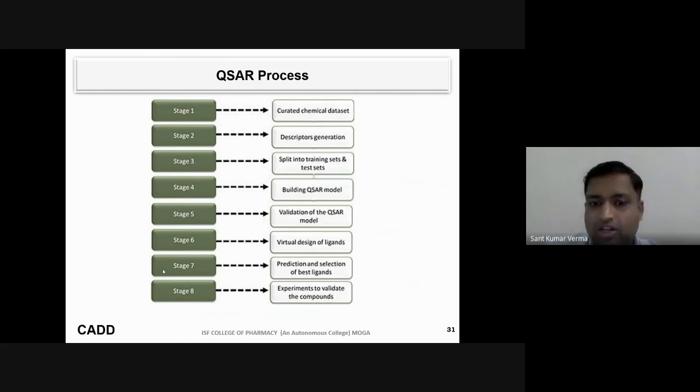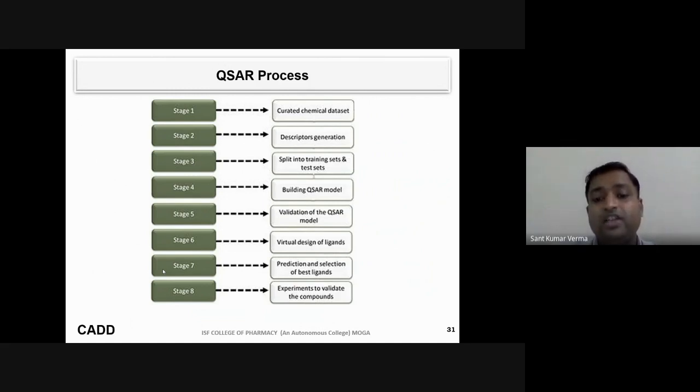Building the QSAR model, then validation of the QSAR model based on different statistical techniques, statistical validation like R square, Q square, F test, S test. Then identify the pharmacophoric features which are responsible for the particular biological activity, then design new molecules on the basis of these identified features, then synthesize these molecules.